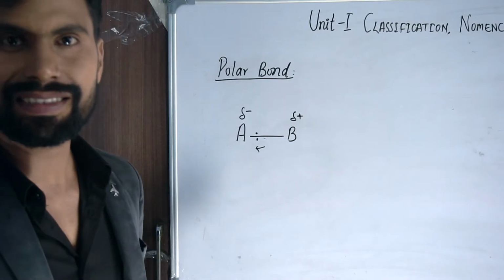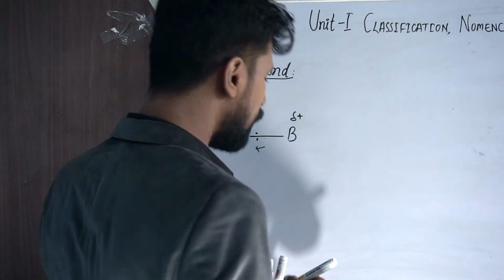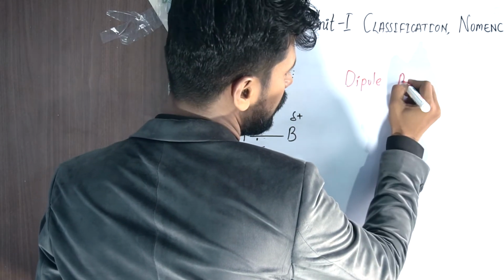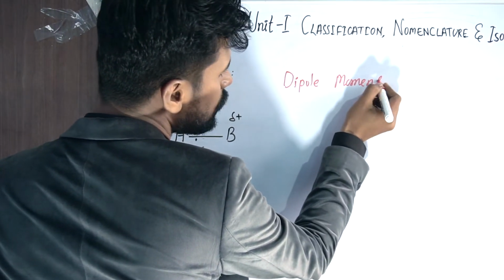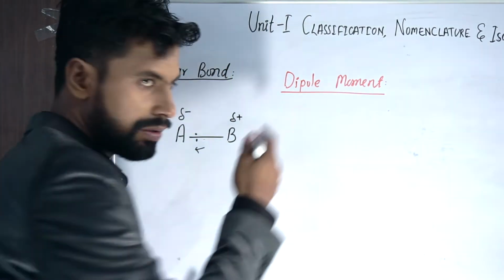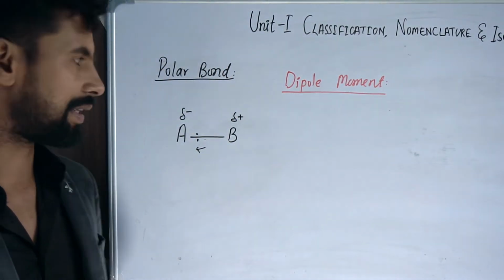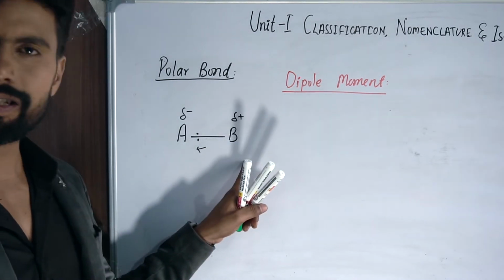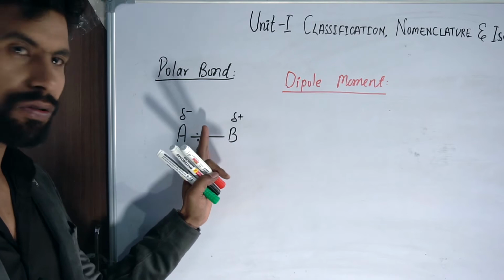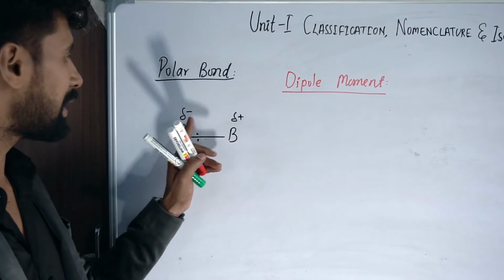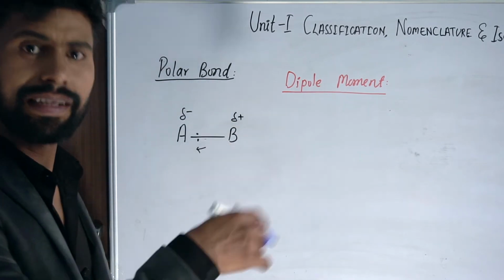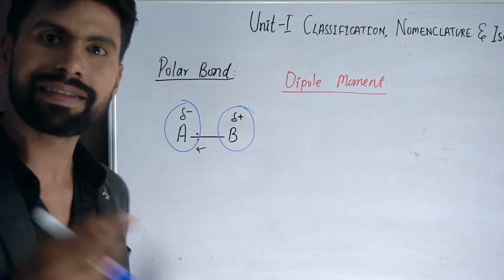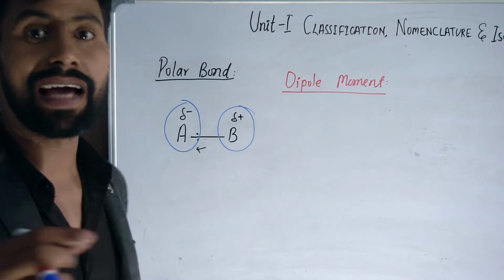Now the next concept is dipole moment. This is also similar to all those things. So what is dipole moment? As I said, whenever there is a bond between a more electronegative and a less electronegative atom, bonding electrons will slightly move towards A, delta negative and delta positive will develop, and hence there will be creation of two poles in the same molecule, that is called a dipole, right?